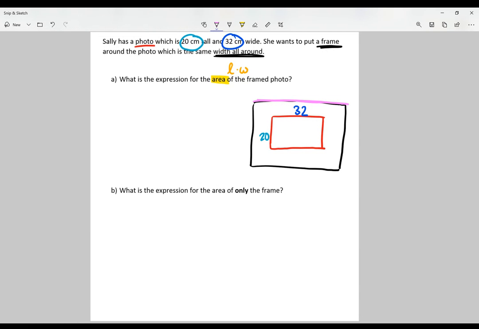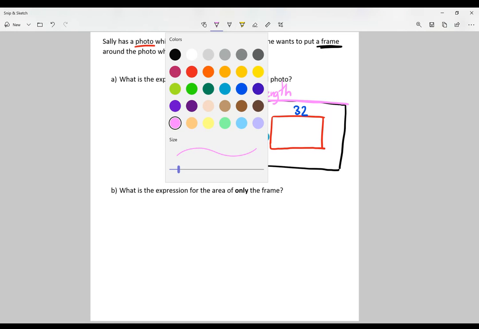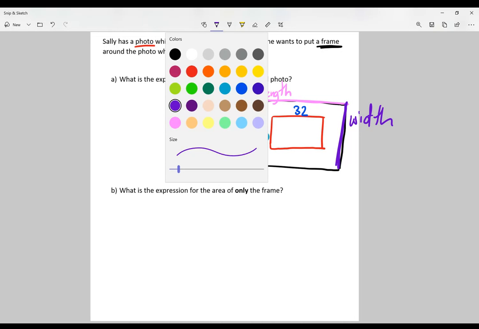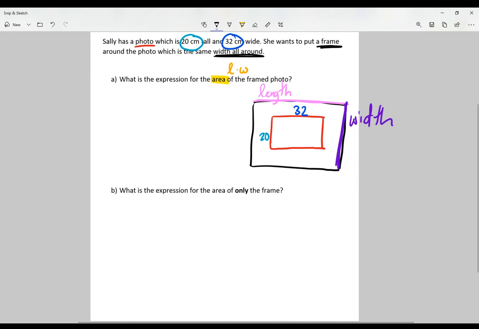We need this length and we need this width. Okay, but how do we find the length and the width when we don't know what the dimension of the frame is, right? Because we need to include the frame in this.